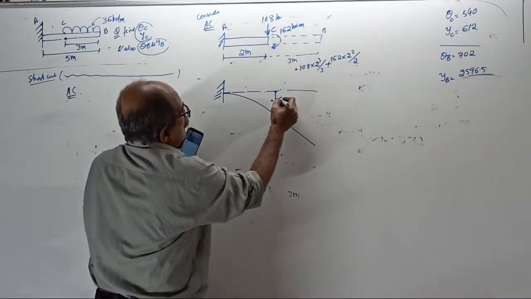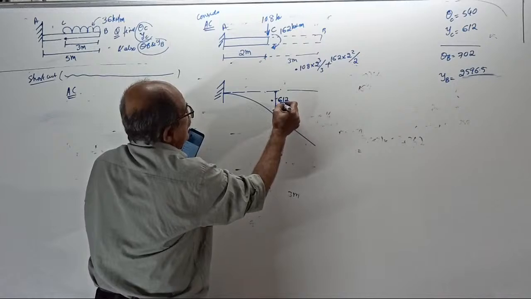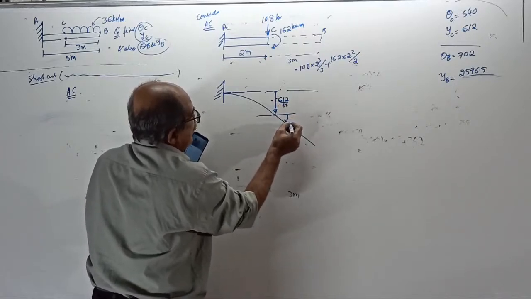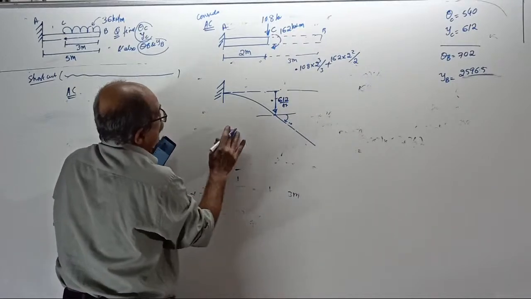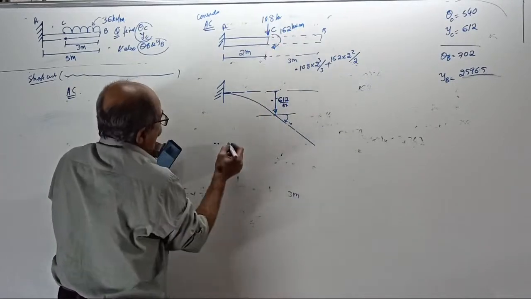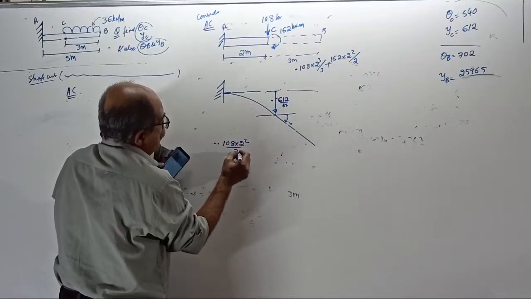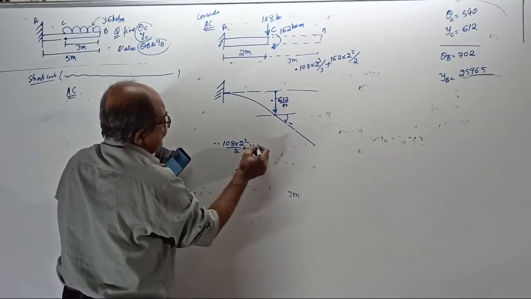612 by EI. And this slope, I will put a double dot here. How much? Due to point load, 108 into 2 square by 2, plus couple 162 into 2.